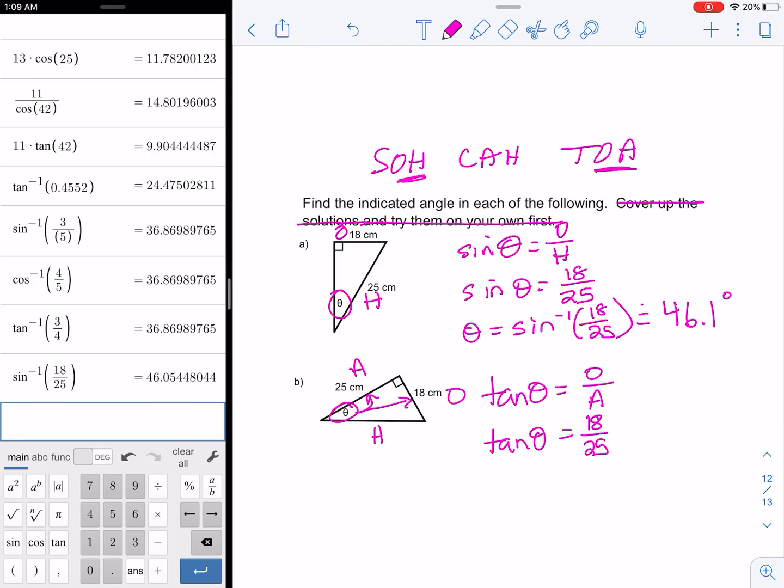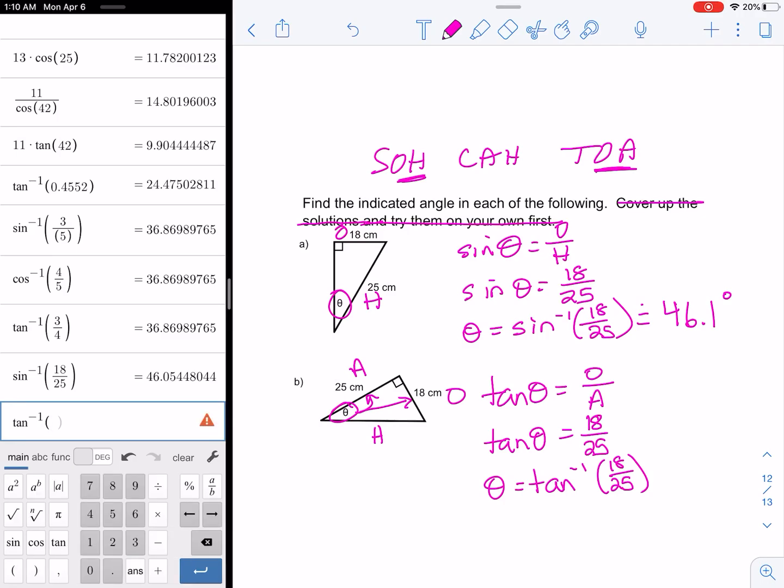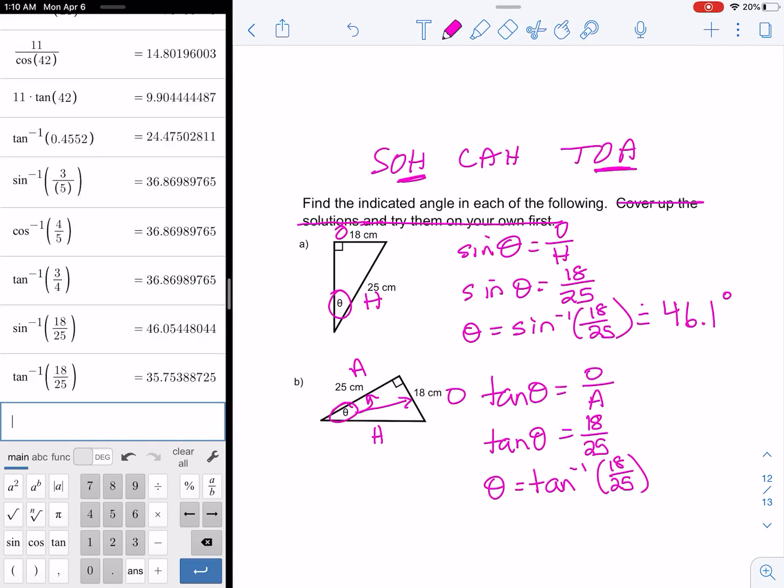I'm trying to find theta, so I've got to get rid of the tan, and to get rid of the tan, I tan inverse the opposite side. So second function, tan inverse of 18 divided by 25 equals 35.8 degrees approximately.